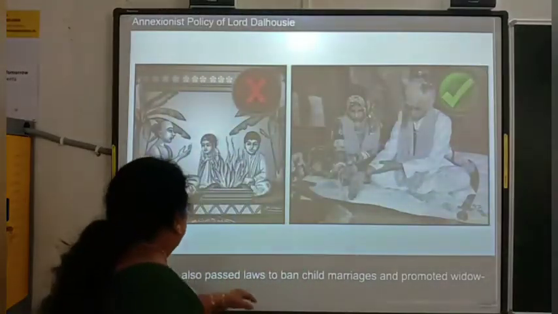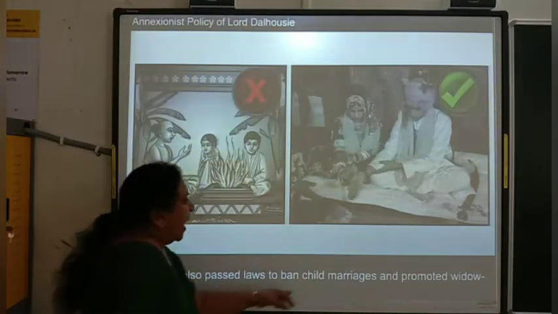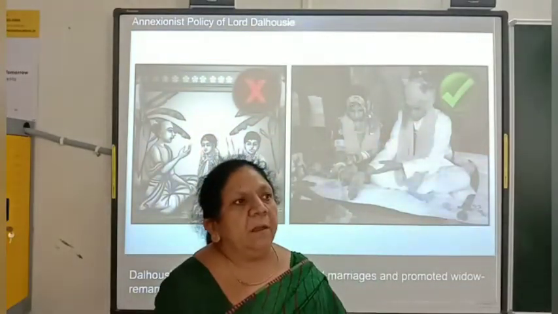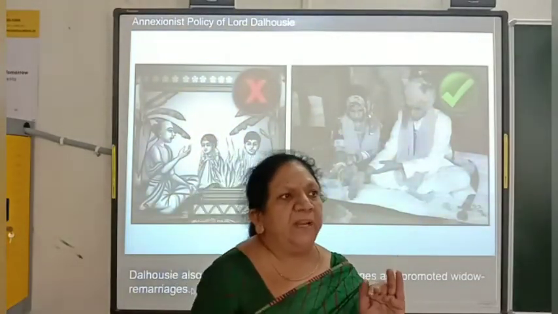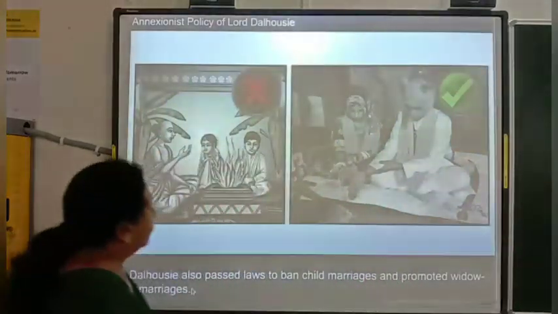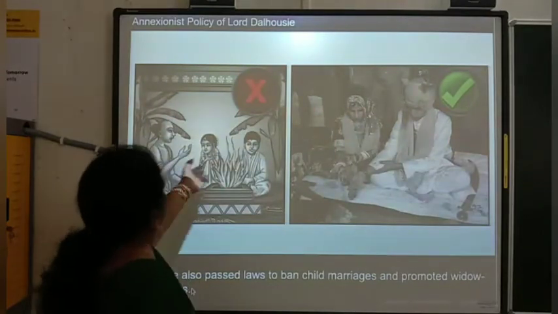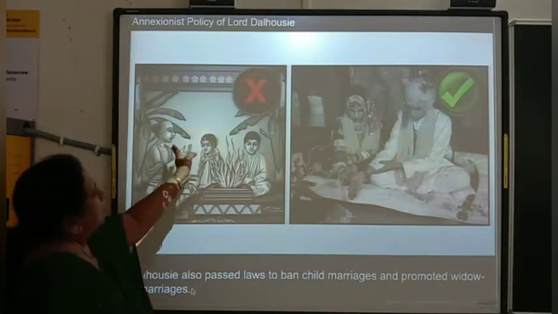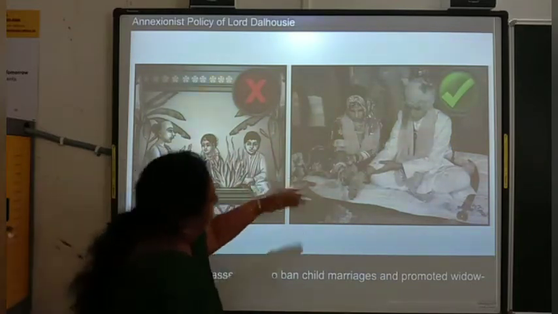So widow remarriage was introduced by them. Child marriages, which before were done at very small ages, were banned. So some good things were done by Dalhousie.